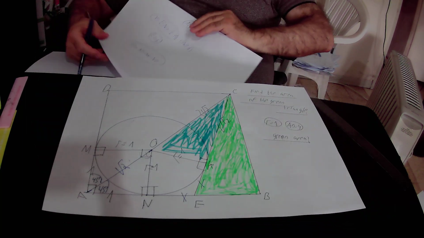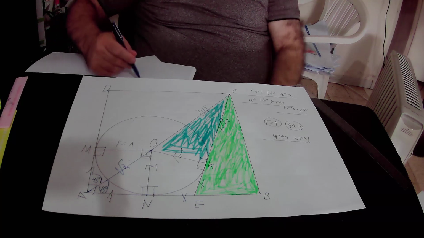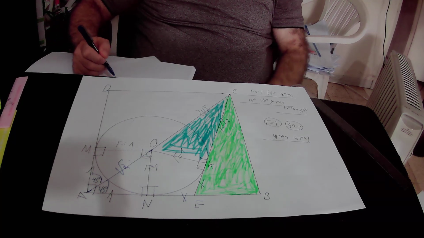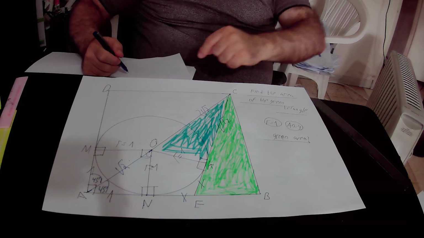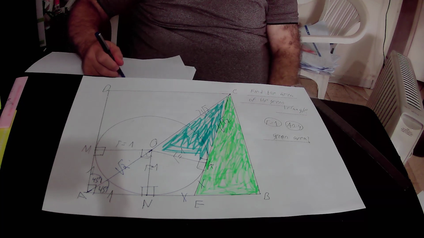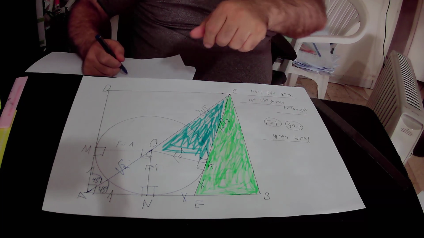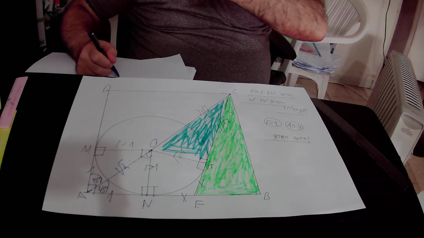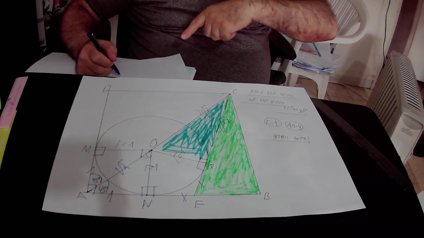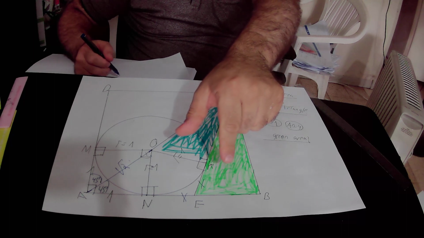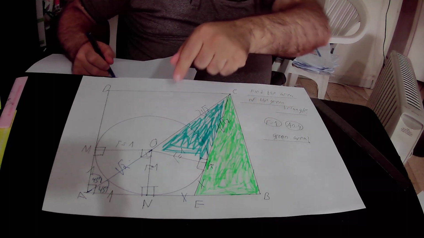Okay, but we know that EB equals AB, which is 4 units, minus AN, which equals 1 unit, minus NE, which equals X according to our definition.